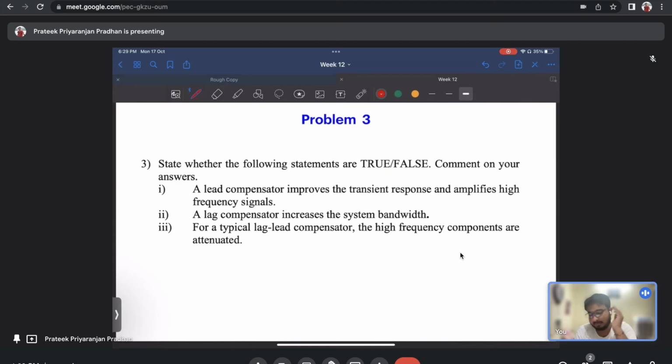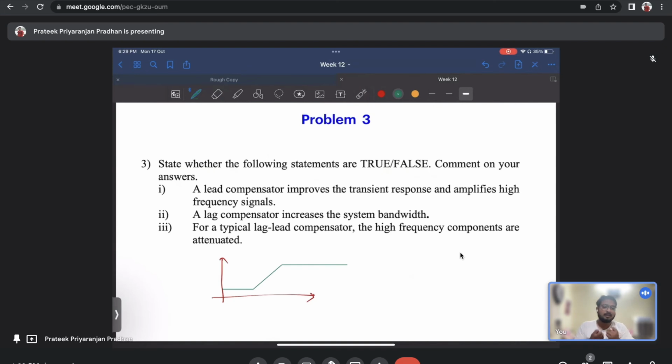If you remember the typical Bode diagram of a lead compensator, we can see it like this, with the low frequency here.